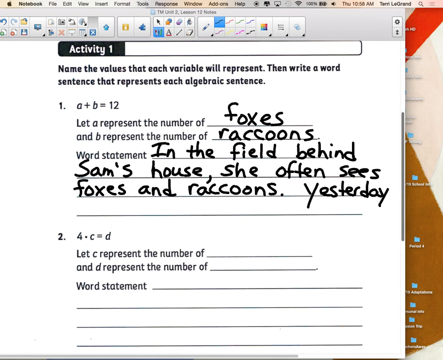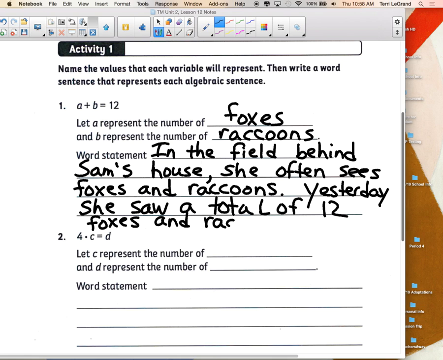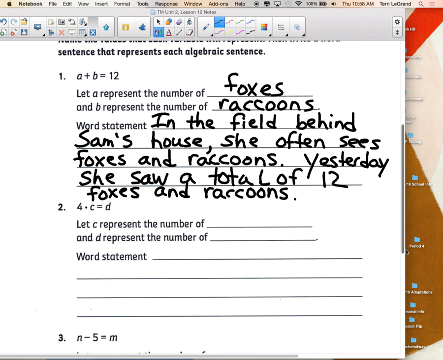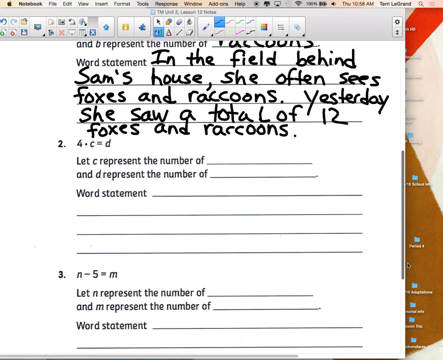Of course, it could have been any day, but yesterday she saw a total of 12 foxes and raccoons. And that's all we've got to write. We don't have to even ask a question.